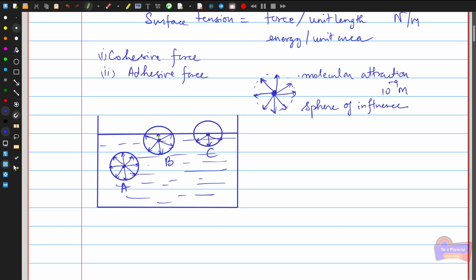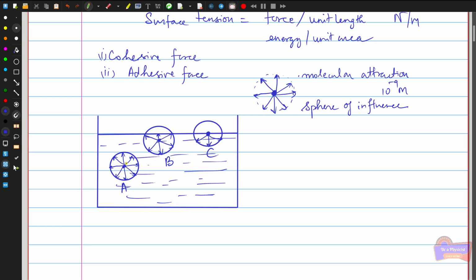However, it is very near to the surface of the water. On the other hand, consider another molecule C, which is exactly on the surface of the water. The larger circle indicates the sphere of influence of any molecule, and the arrow marks indicate the molecular attraction.